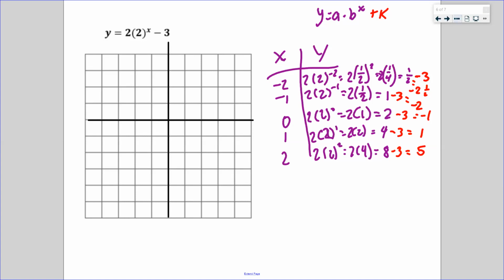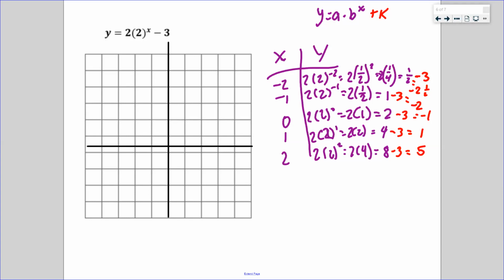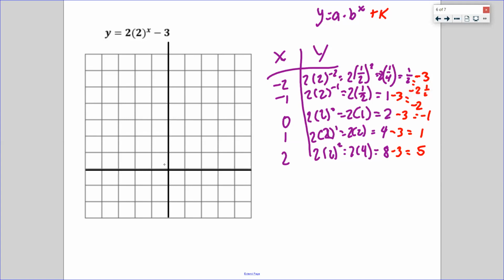So I'm going to cheat, actually, and I'm going to move that line down. There we go. So let's graph it. -2, -2.5, with our asymptote here at -3. -1, -2.